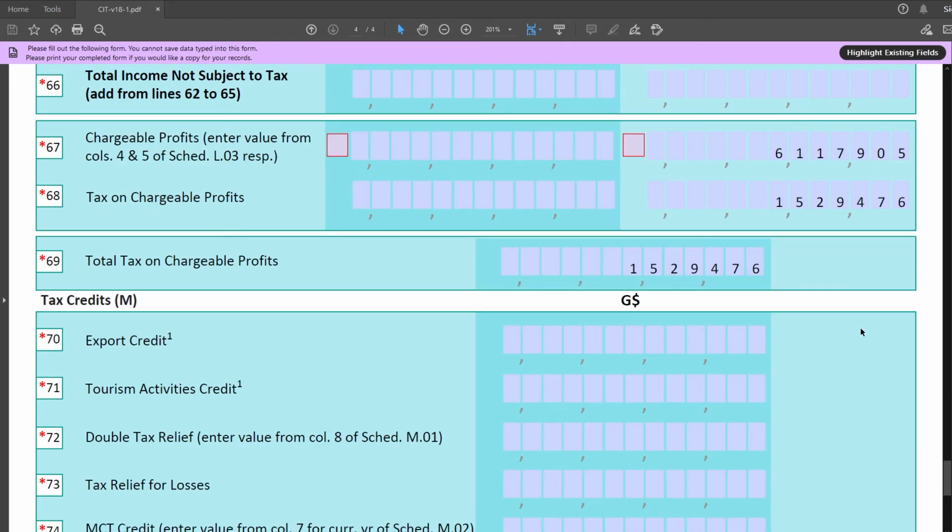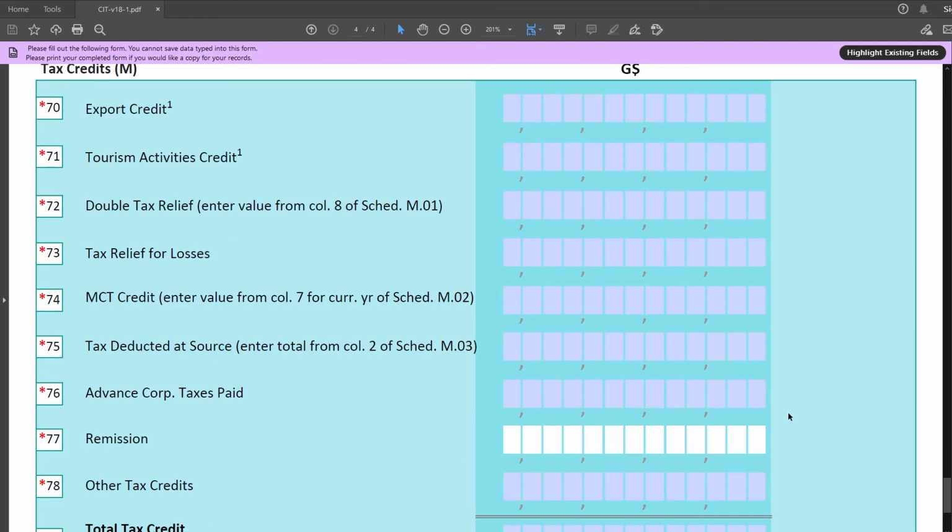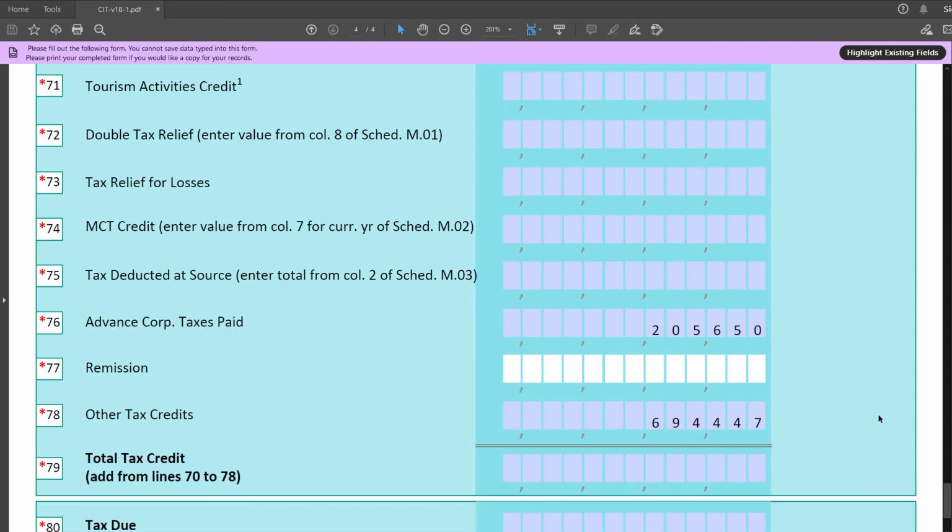The final section, M, requires the preparer to enter any tax credit the company may have incurred during the year of income. Absolute Design and Networks paid $205,650 in advance corporation taxes. Therefore, we enter that figure in line 76. Other tax credits were allowed for the company. Therefore, we enter the total value of all other credits not reported elsewhere in the return in line 78.